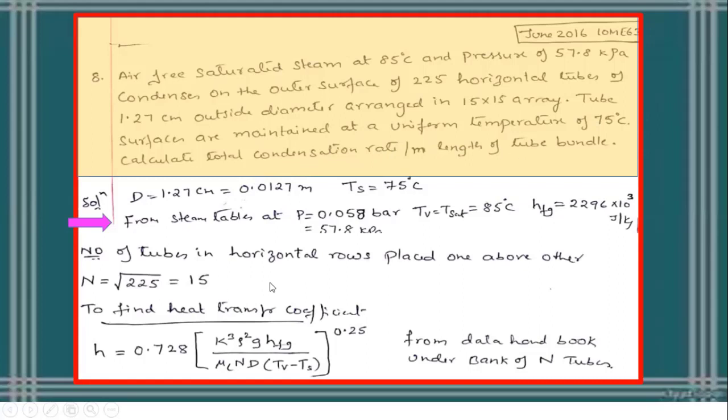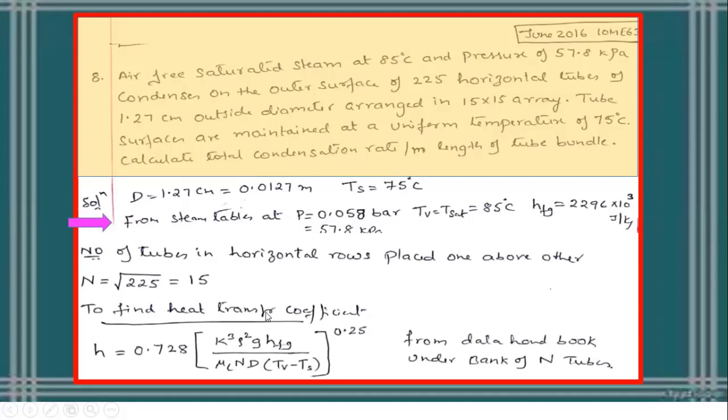If the total number of tubes is directly given, then you have to take the square root of that to get the value of n. Or if n is directly given, you can take the number of rows and columns; here it is given as 15 rows with 15 columns.